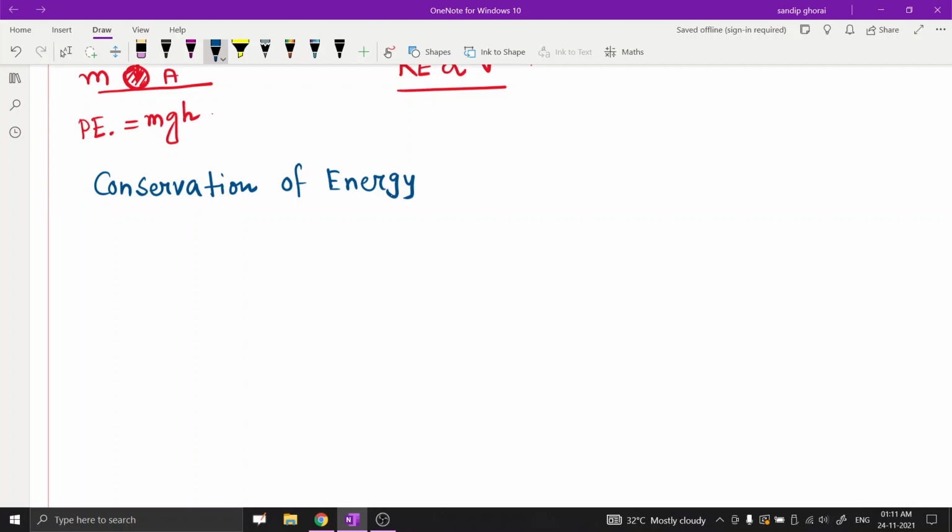Okay, so if we take an example of a simple pendulum, this is the position A, and if this is the position B, here also we can say total energy at A point is equal to total energy at B point.